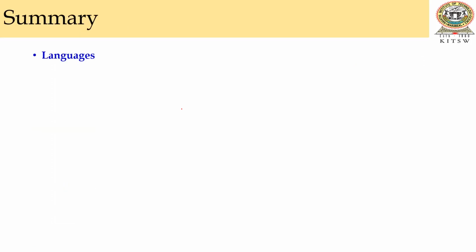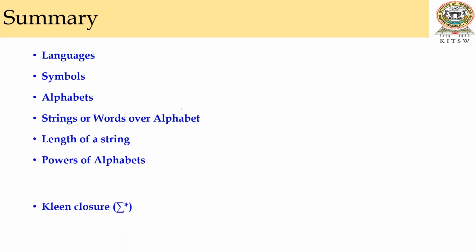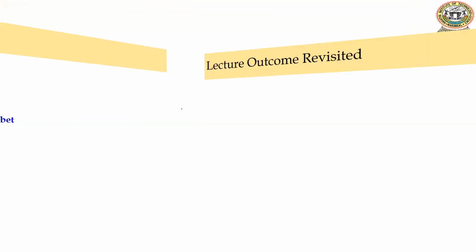So, the summary. In this lecture video, we have learned what languages are in automata, the different symbols we use, alphabets, what a string is, the length of a string, power of alphabets, Kleene closure, and Kleene closure plus. These are the concepts we have learned in this lecture video.